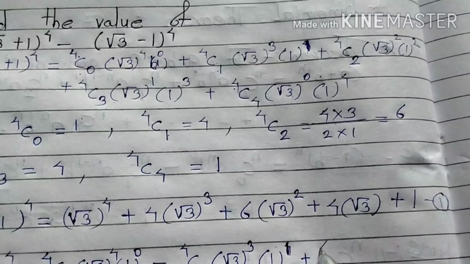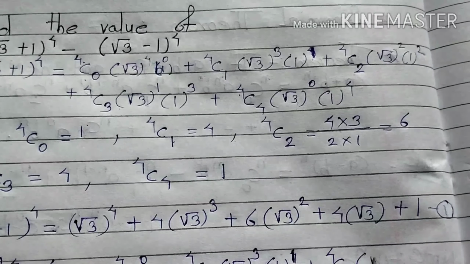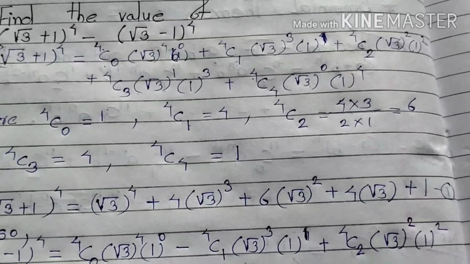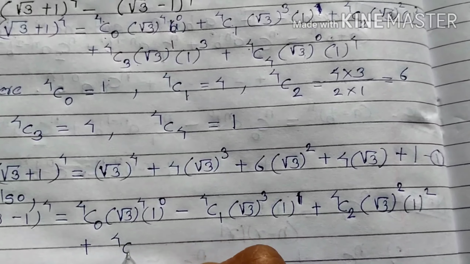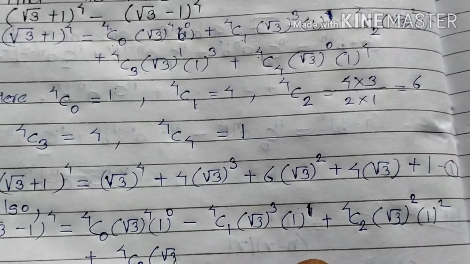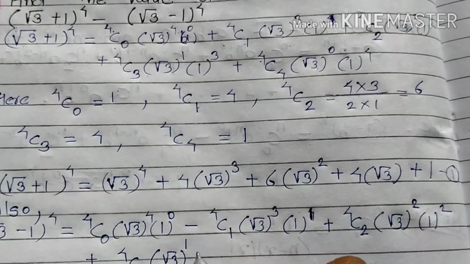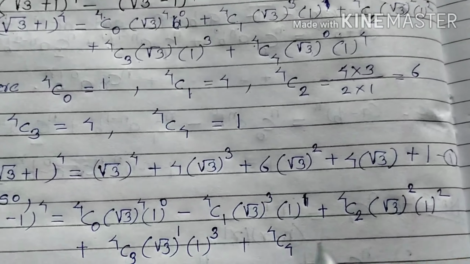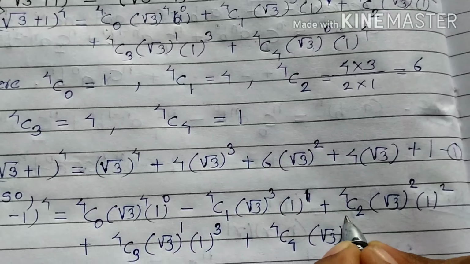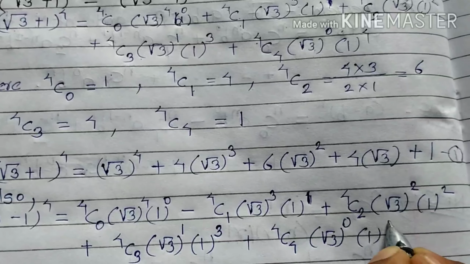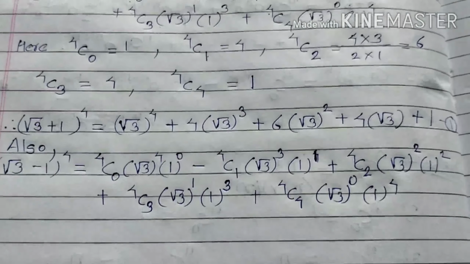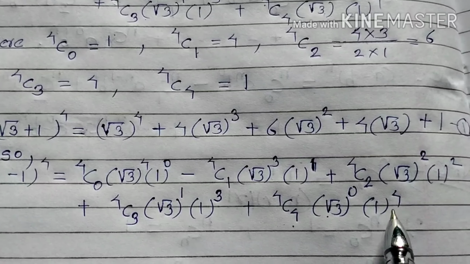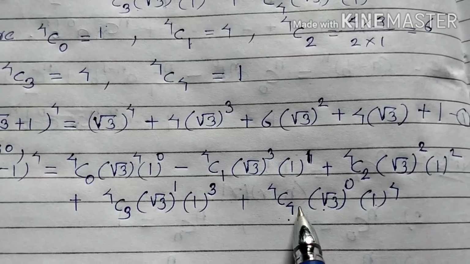Next 4C2 (√3)^2 (1)^2 plus 4C3 (√3) (1)^3 plus 4C4 (√3)^0 (1)^4. So the power of this term is the subtraction of this, and the power of the last term is the coefficient.